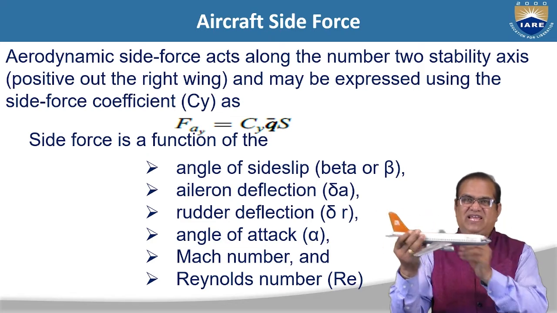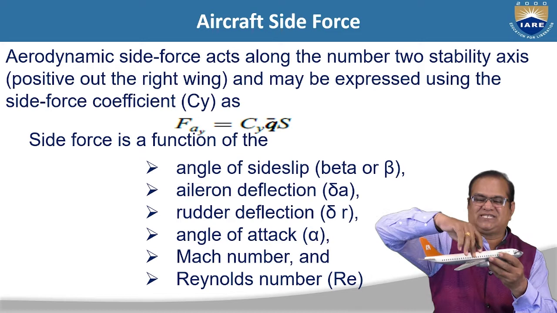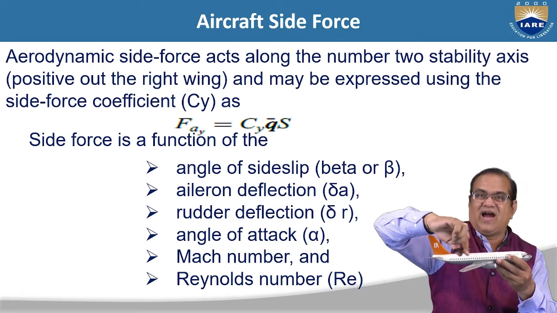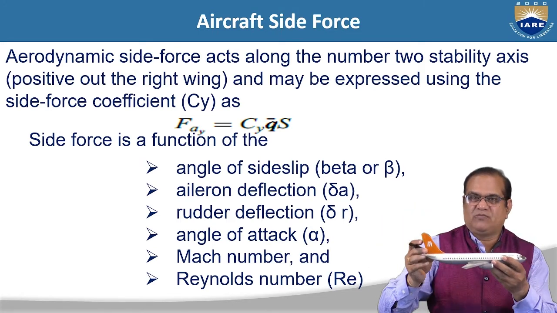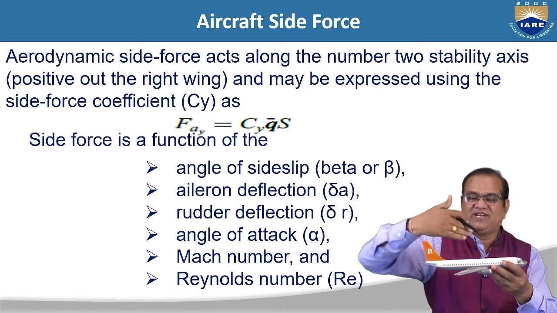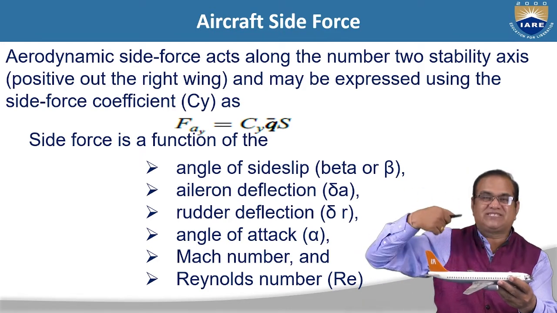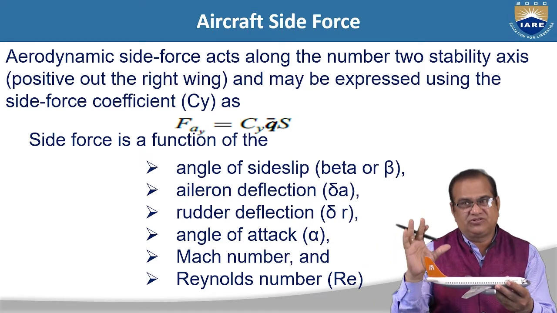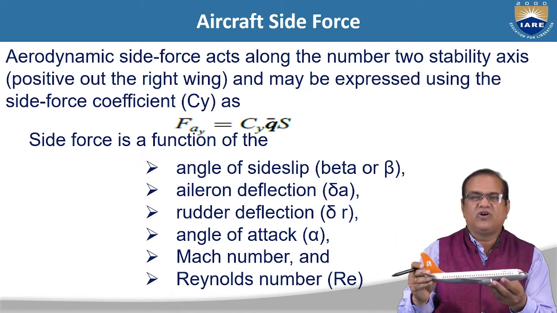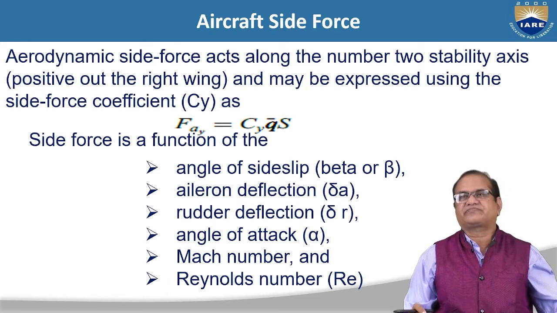If aircraft is flying like this and some force is generated towards the y-axis, aircraft will start moving sideways. So, if it is going towards the right, it is positive, and if it is going towards the left, it is negative. So, this convention we have to follow in the further studies.